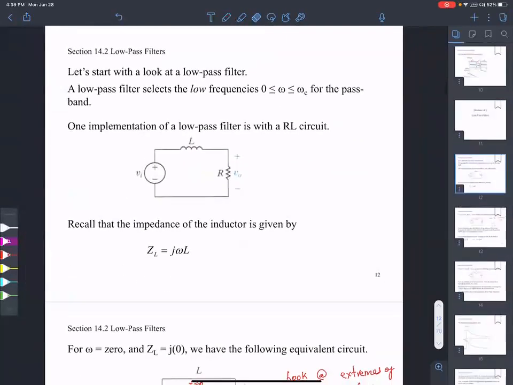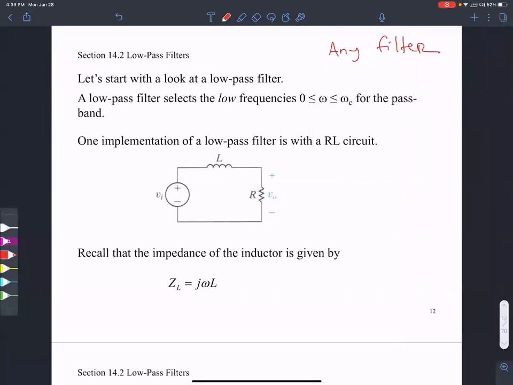But in general, how do you analyze any filter? In order to analyze any filter symbolically, not just intuitively first, this is what you want to do. You want to look at extremes in frequency.